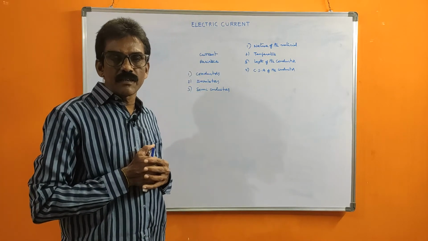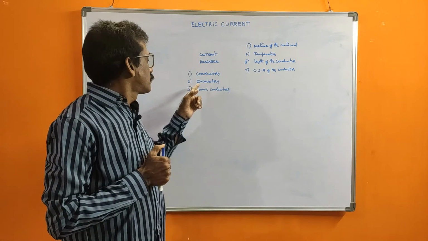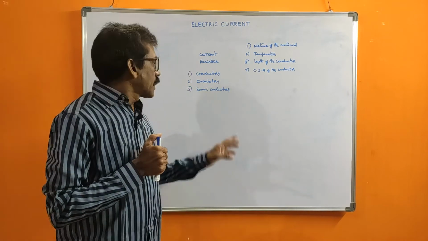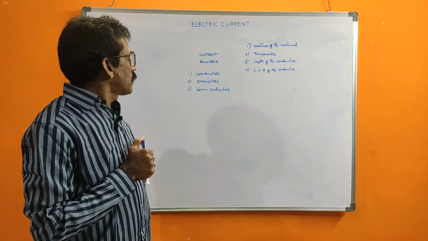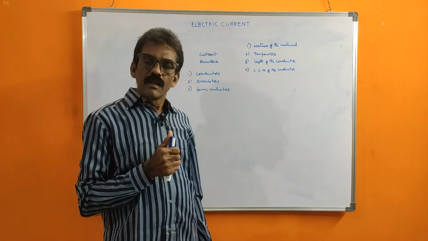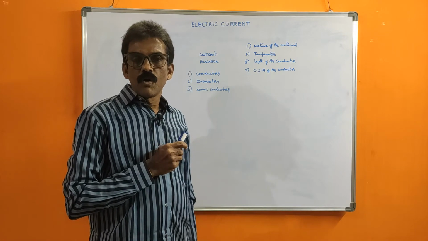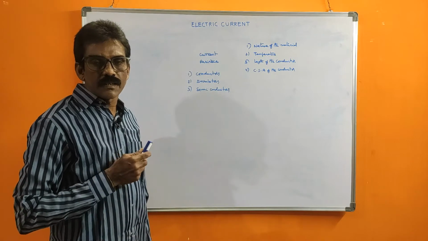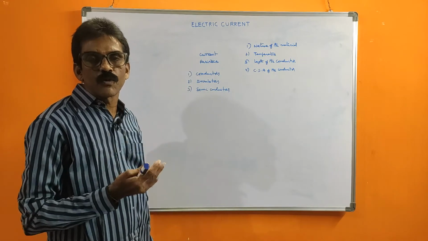Insulators are the materials which do not allow the flow of current. Current will not flow. Some examples are bakelite material, rubber, wood, plastic, paper, mica. In simple terms, current will not flow through insulators.